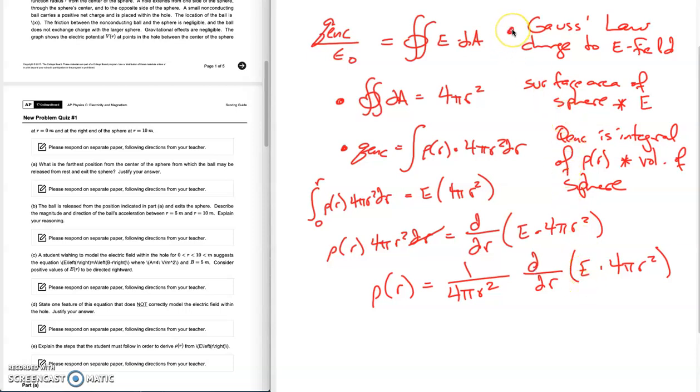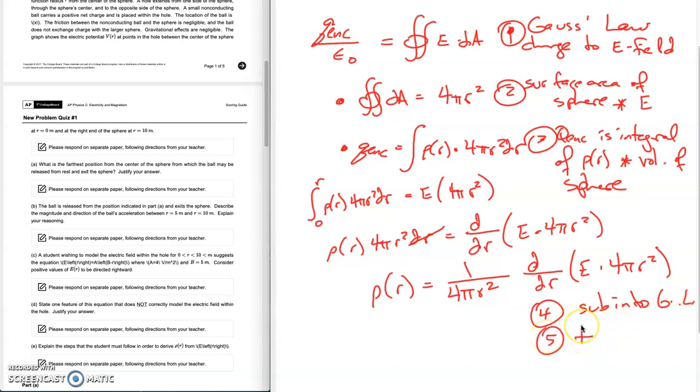So here are the steps: 1, 2, 3, 4 is substitute into Gauss's law, 5 is take the derivative with respect to radius to find rho.